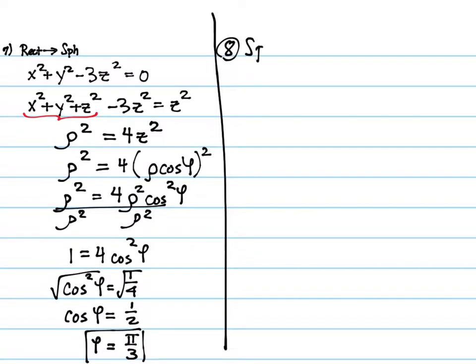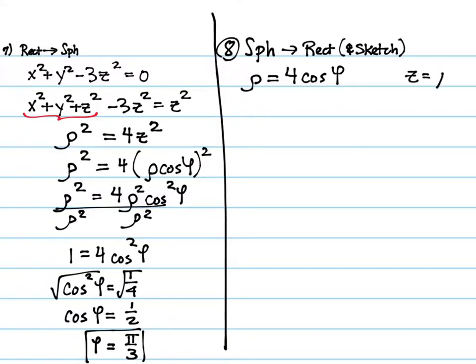So we're going to go from spherical into rectangular and sketch. So spherical into rectangular, I had my equation is rho equals 4 cosine of phi. There's an equation that said that z is equal to rho cosine phi.